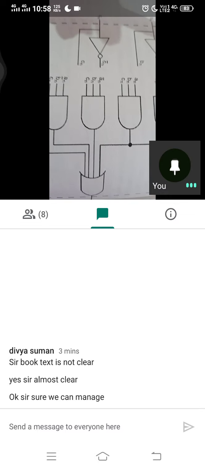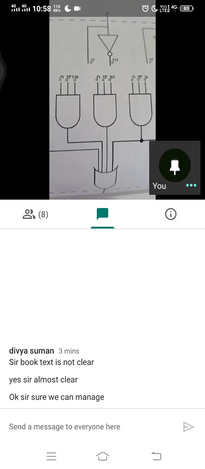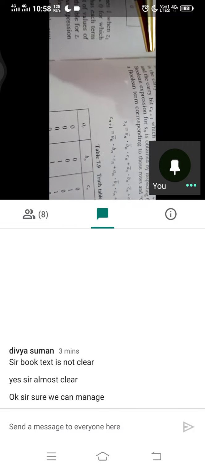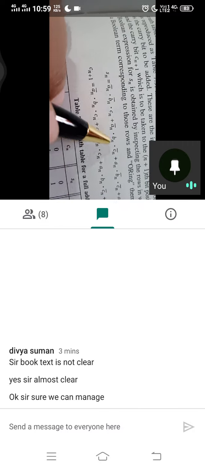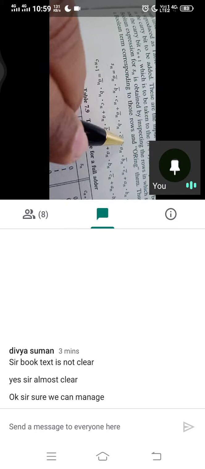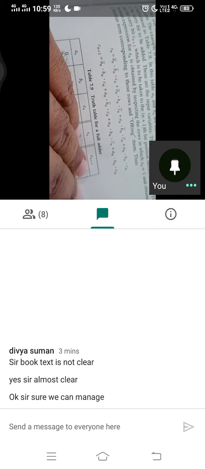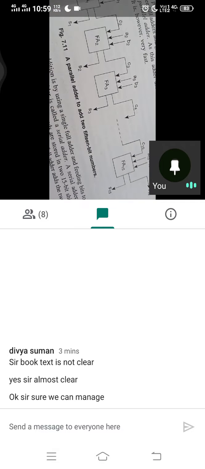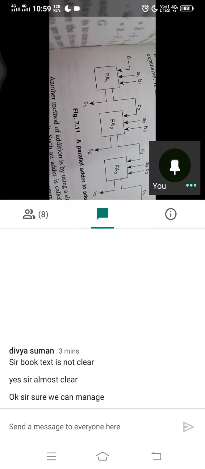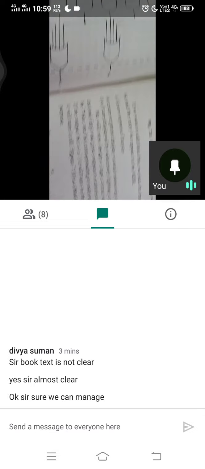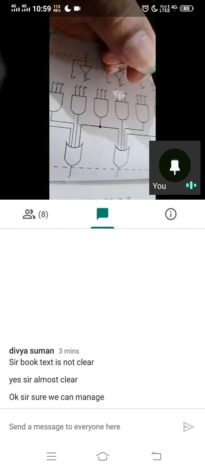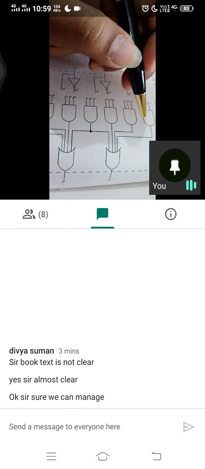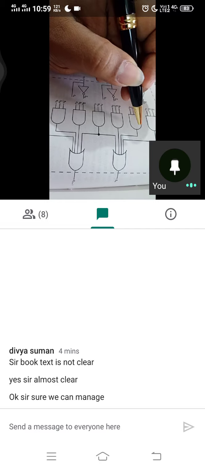Now, as you know, we have to have an OR operation in between to combine these ANDs. That is achieved by taking these OR gates.